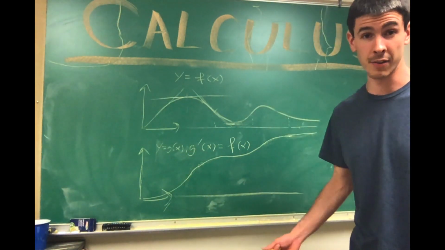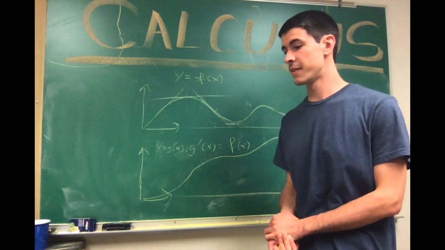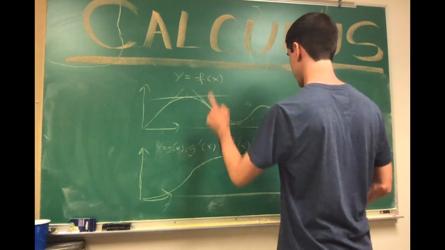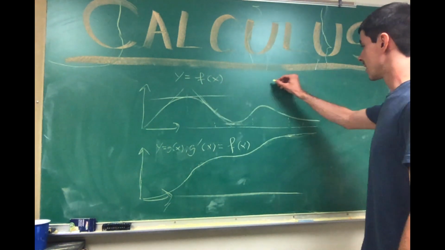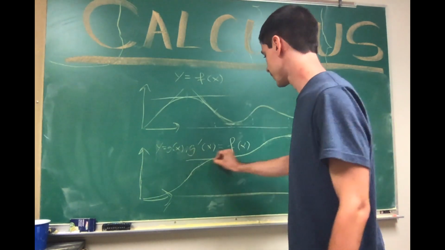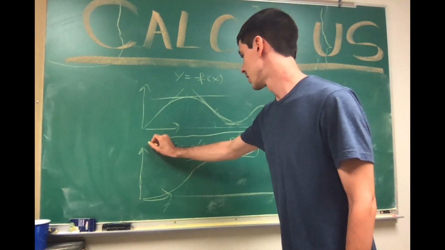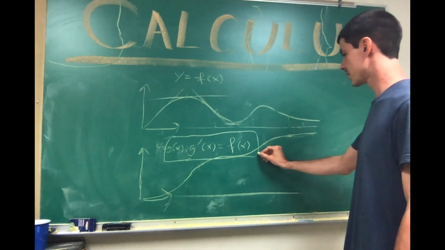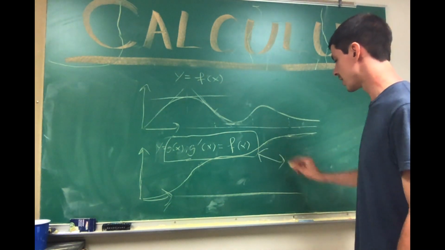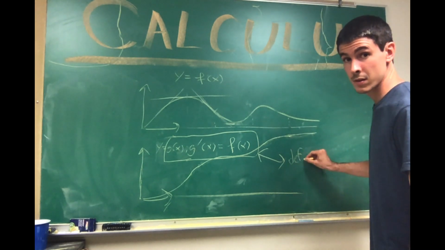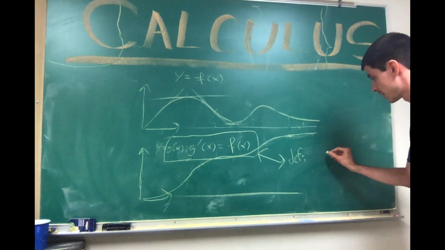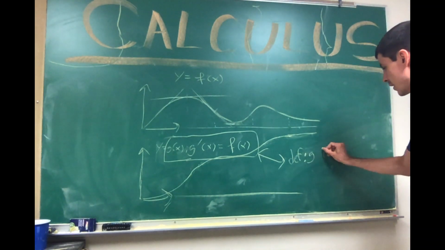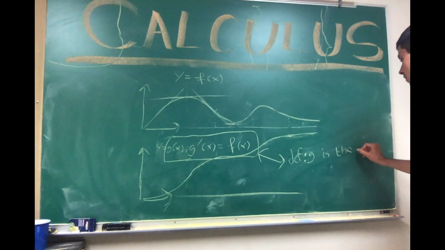And that's really what antiderivative means. Antiderivative means that the derivative of this function is f of x. So we say this right here, this is the definition of g being the antiderivative of f. So by definition, g is the antiderivative of f.